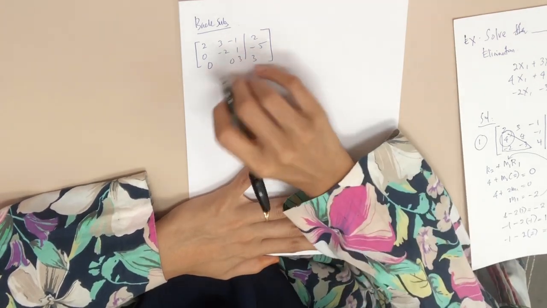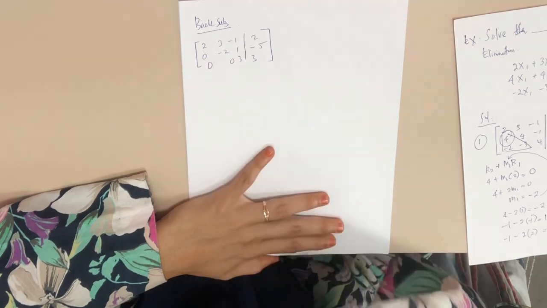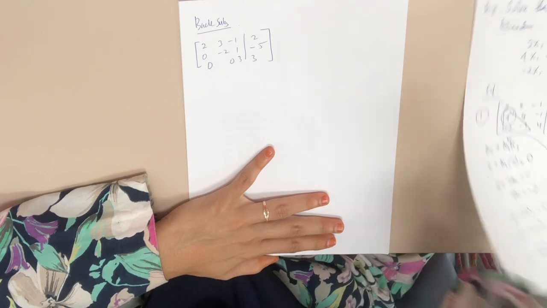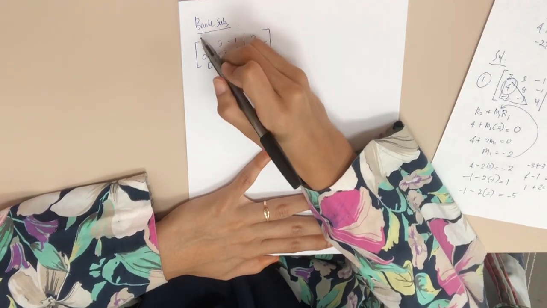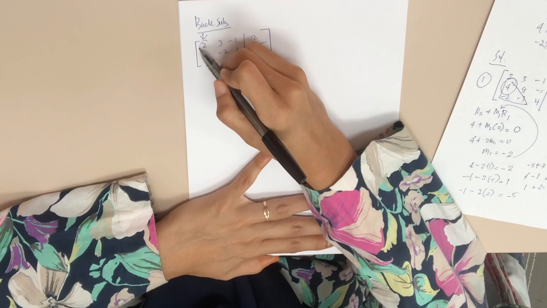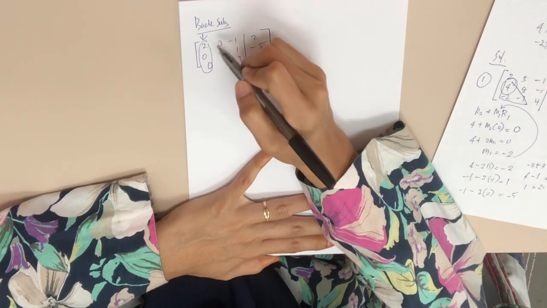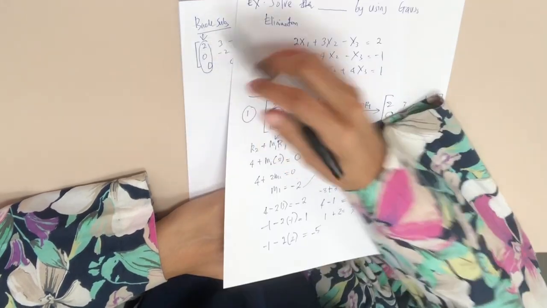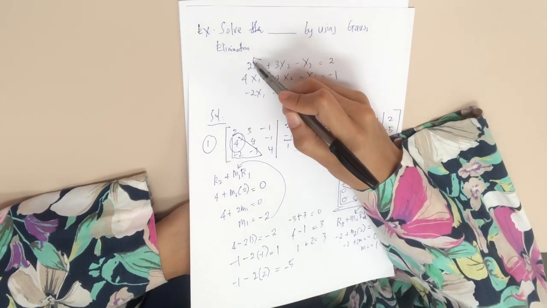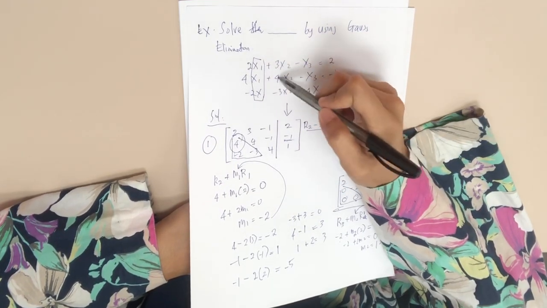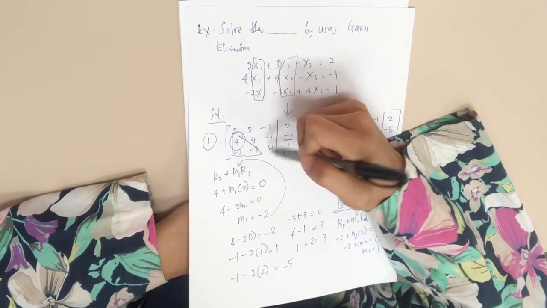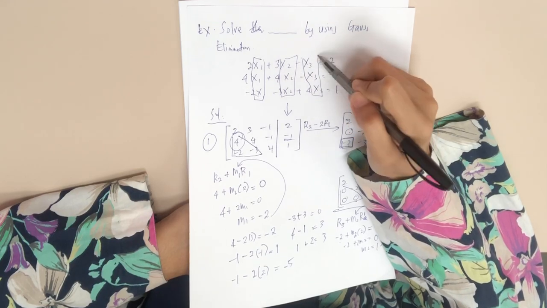So this is the augmented matrix, right? This is A, this is B, and like I said before, at the back there are variables x1, x2 and x3. The 2, 4, -2 from the first column is the coefficient for x1. 3, 4, -3 is the coefficient for x2. -1, -1, 4 is the coefficient for x3.